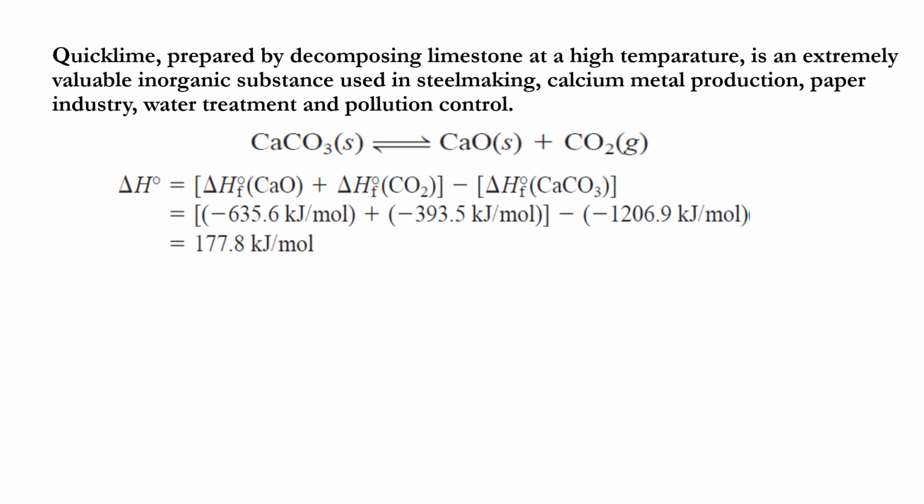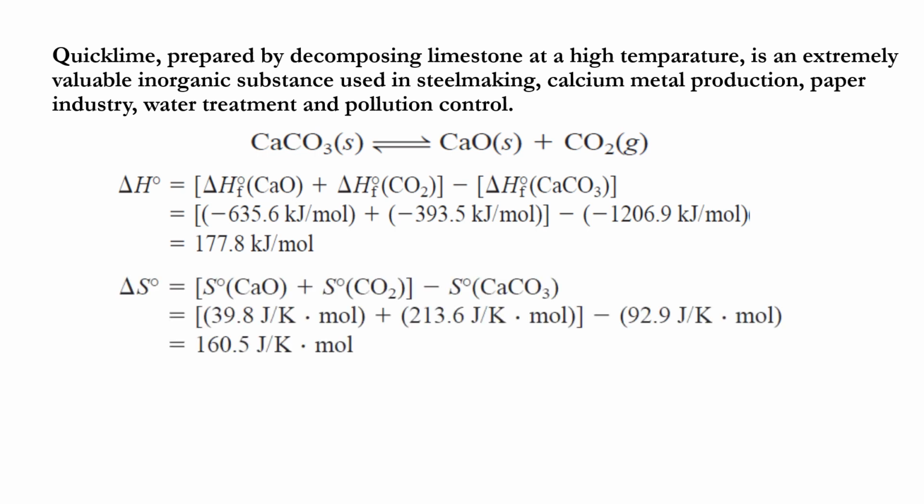Its enthalpy of formation is negative 1206.9. Getting the sum of the enthalpies of formation of our products and subtracting the enthalpy of formation of the reactant, we will have the summation 177.8 kilojoule per mole, which is positive.